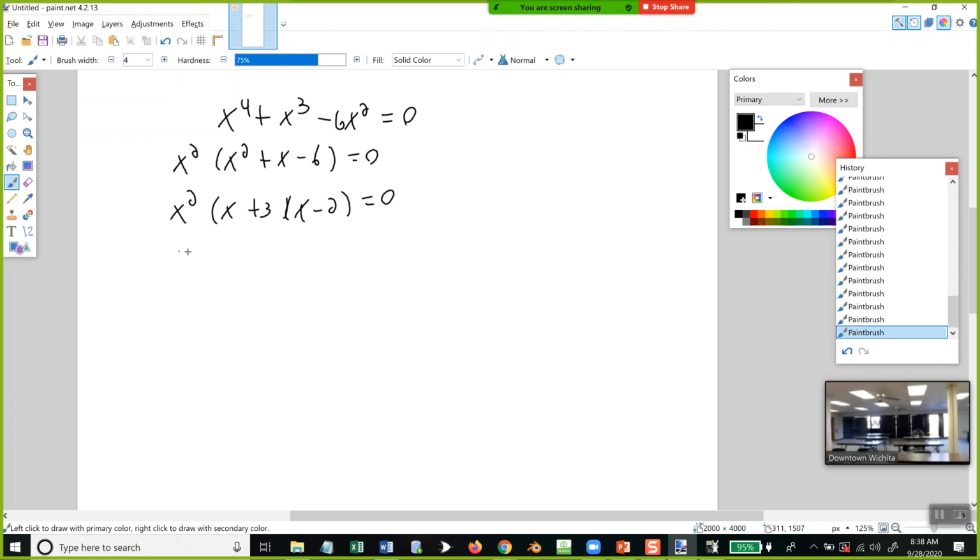Zero factor property, you get 0 on one side, you factor this side, so each factor equals 0. So I have x equals 0, x plus 3 equals 0, and x minus 2 equals 0. You get 0, negative 3, and positive 2.